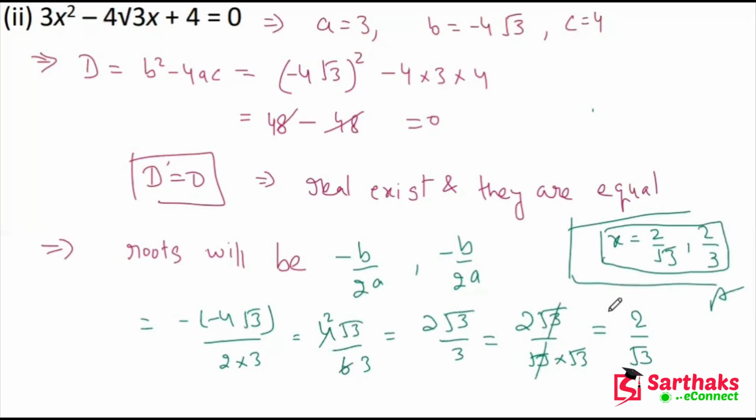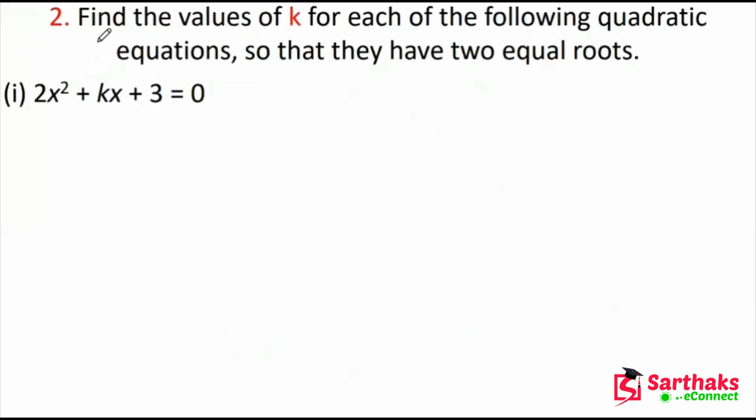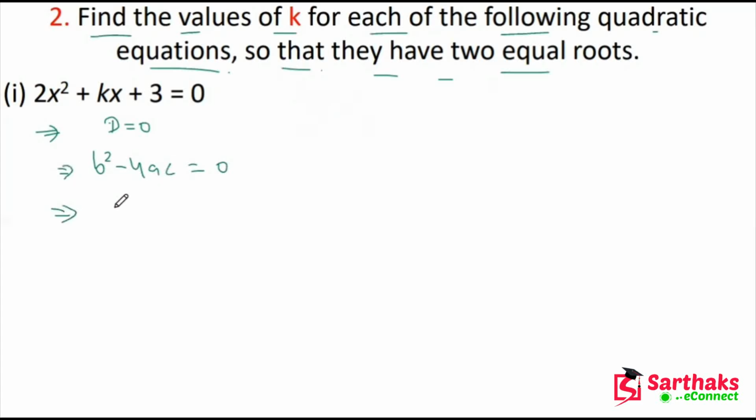Again we have a question. Find the value of k for each of the following quadratic equations so that they have two equal roots. It means, what is the condition of equal roots? Condition of equal roots is D equals 0, means B square minus 4AC equals 0. What is the value of B? Value of B is k, means k square minus 4 into A is 2 and C is 3, which equals 0.